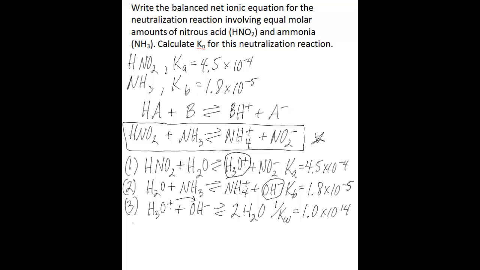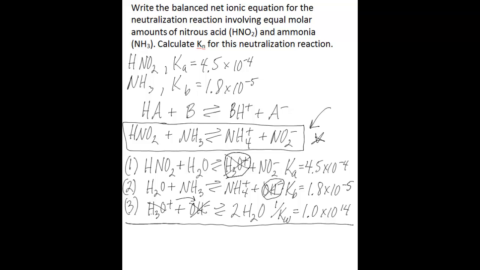Now before we can multiply these 3 K values together to give us our Kn value for this net ionic equation and for the neutralization reaction that we're dealing with in this problem, we need to check to make sure that these 3 reactions add up to give the net ionic equation that we've already identified. So what we want to do to figure that out is to get rid of species that appear on both sides of any of these 3 equations. So we can get rid of hydroxide, which appears on both sides.